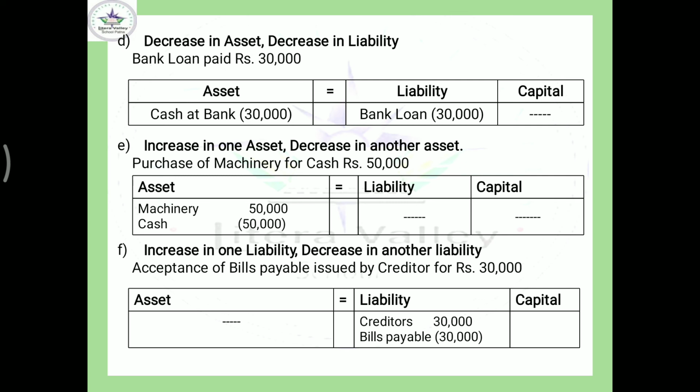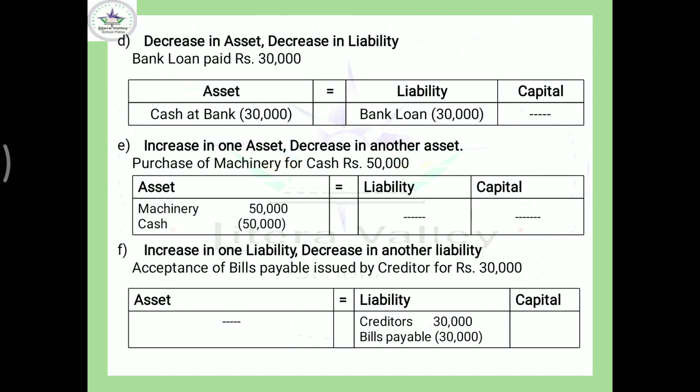Purchase of machinery for cash, rupees 50,000. If any organization or business has purchased machinery and payment was made through cash or through check, here the example is payment made through cash.